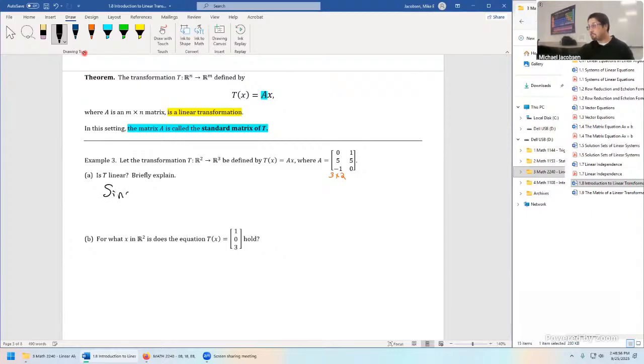Since T of x equals Ax, where A is a 3 by 2 matrix, T is linear. And that's awesome. That's about the fastest problem ever.